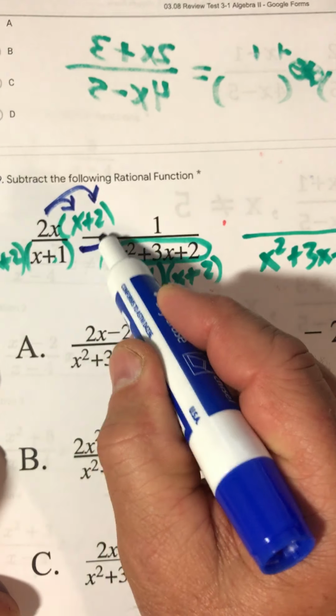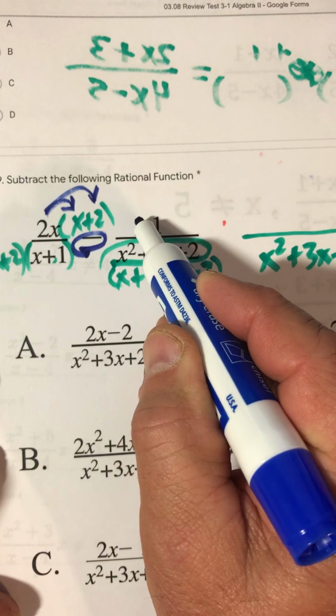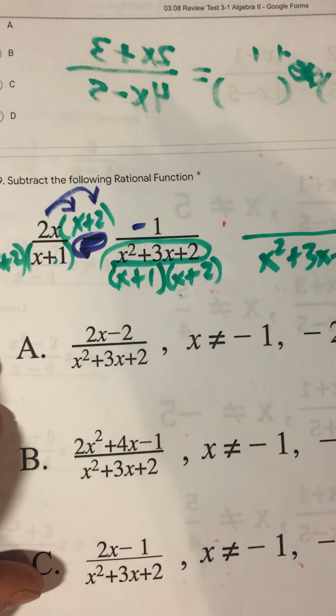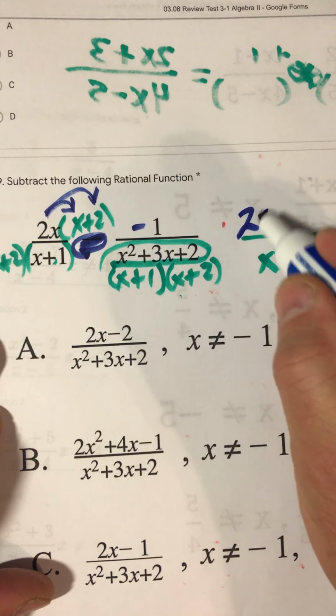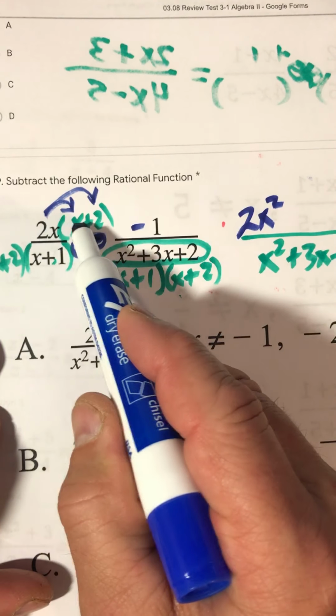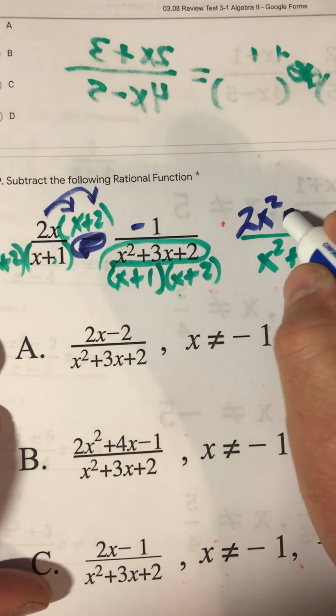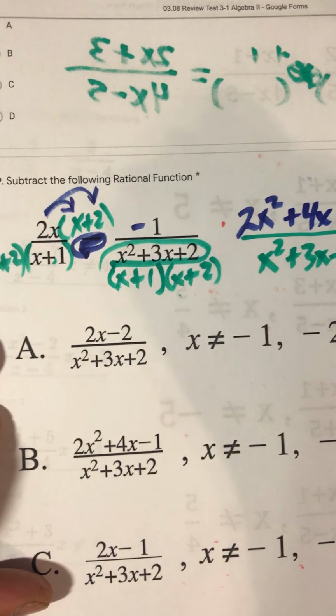Okay, don't forget that's a minus sign, so just go ahead and distribute the minus sign to whatever's up there and be done with it here. So I'm going to have 2x squared after multiplying 2x times x, 2x times 2 plus 4x minus 1.